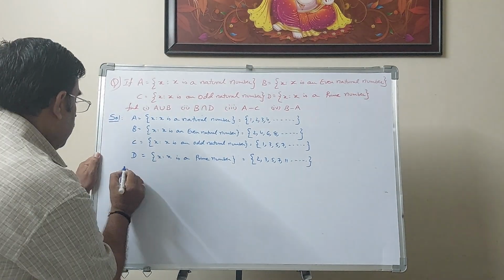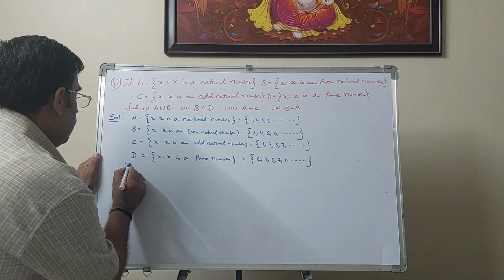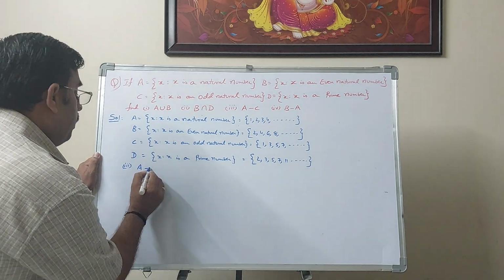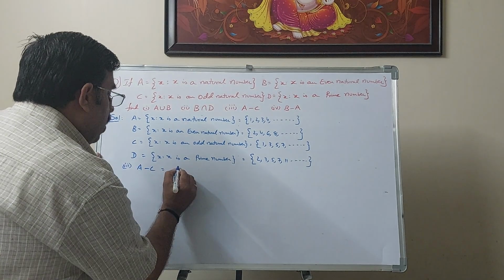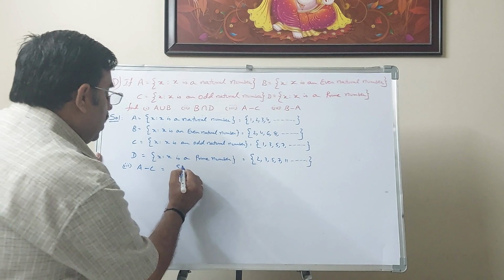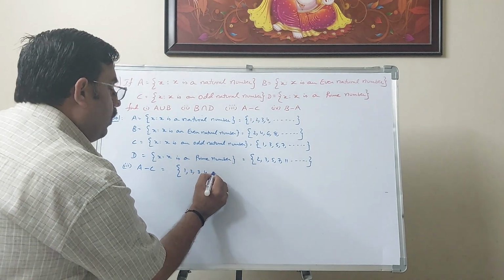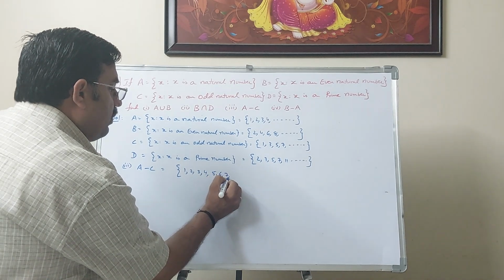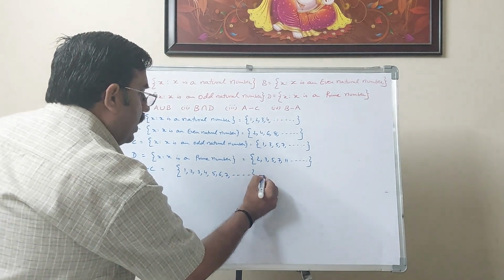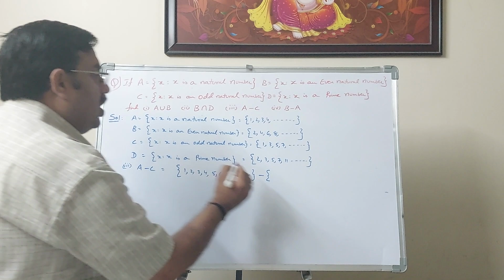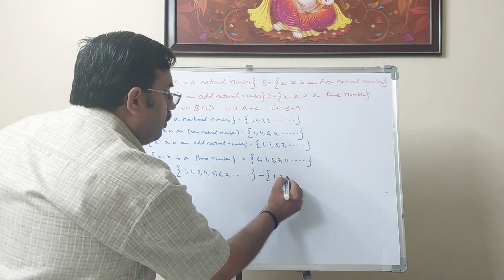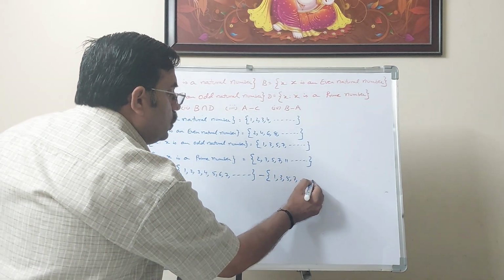Next, the third question is A minus C. How do you write it here? A means 1, 2, 3, 4, 5, 6, 7, and so on. Minus C means 1, 3, 5, 7, and so on.